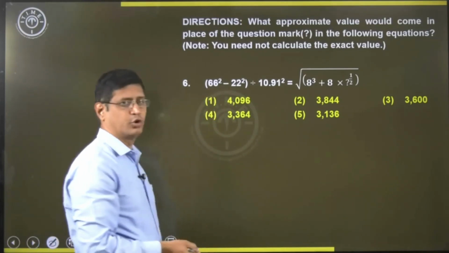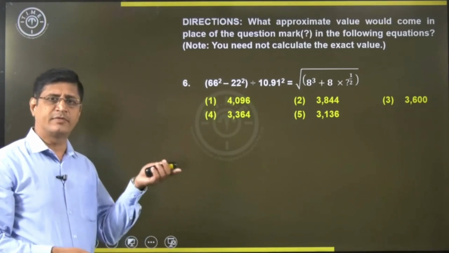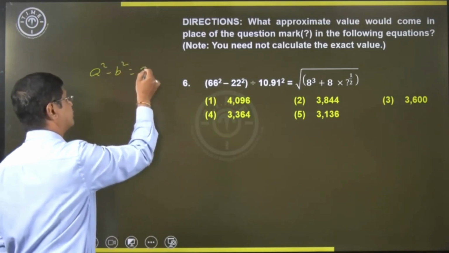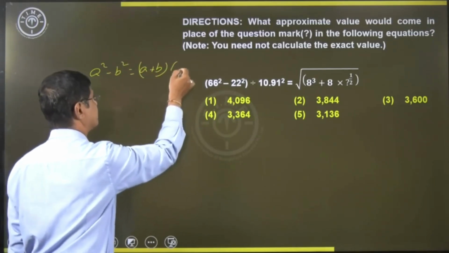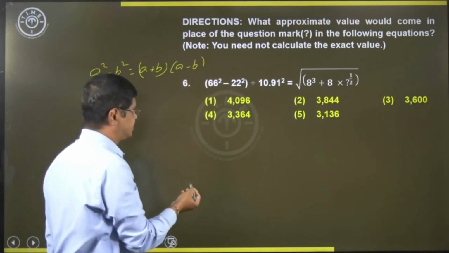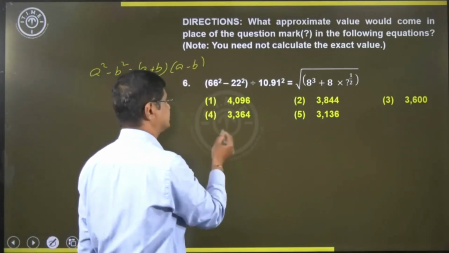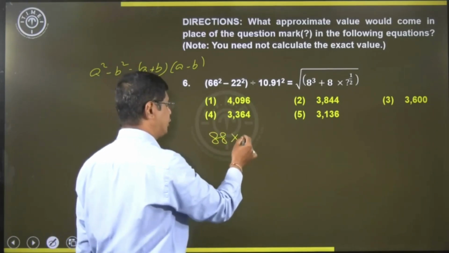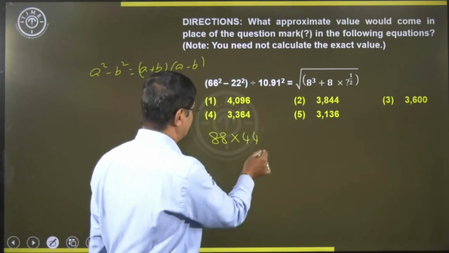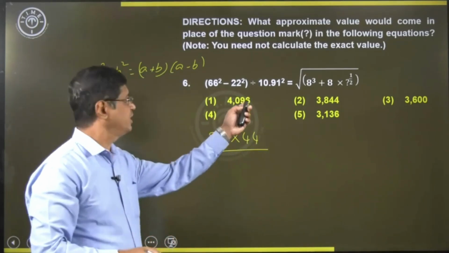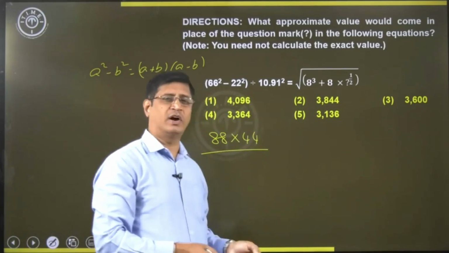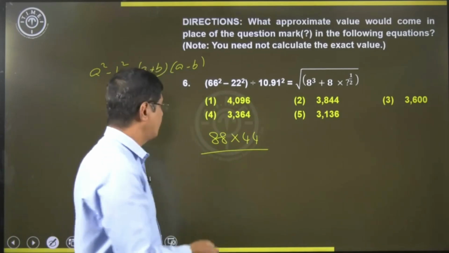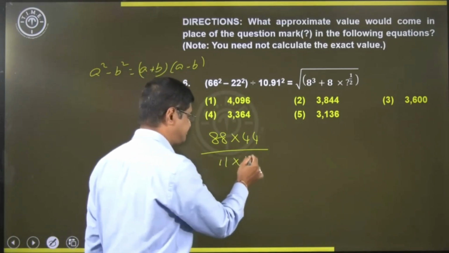66 square minus 22 square. It is in the form of a square minus b square. A square minus b square means a plus b into a minus b. Here I am expressing it as 66 plus 22, that is 88, 66 minus 22, that is 44, divided by, how much is given here? 10.91 square. 10.91 approximately 11. 11 square means 11 into 11.